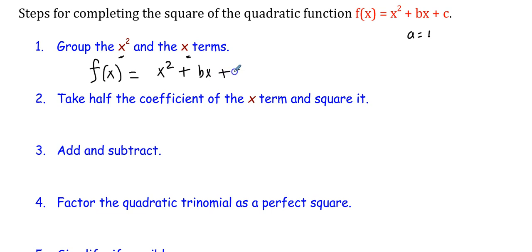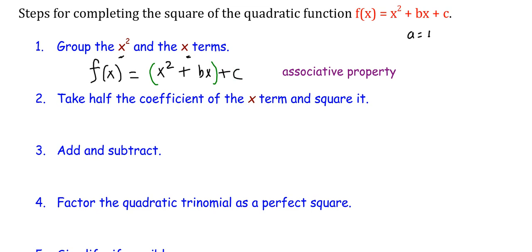Group the x squared term and the x term, so we can put those two things together. You know the associative property.